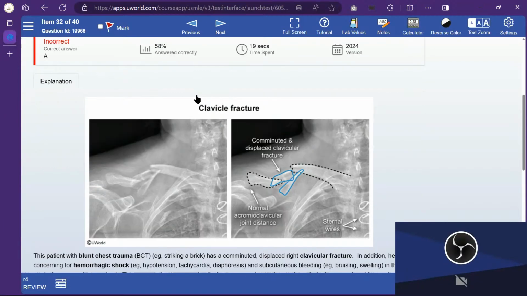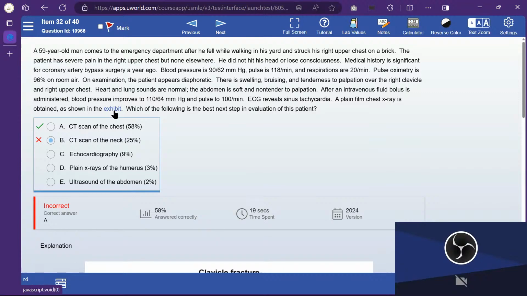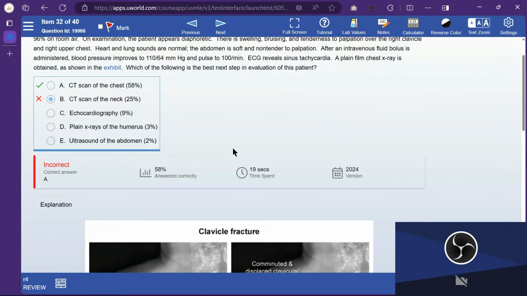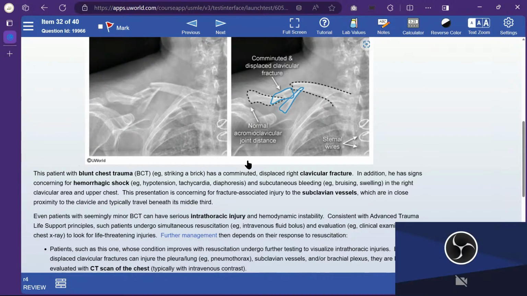CT scan for clavicle fracture. For CT chest, thoracic trauma, clavicular fracture. He has concern for hemorrhagic shock.